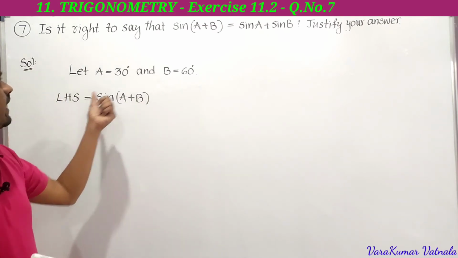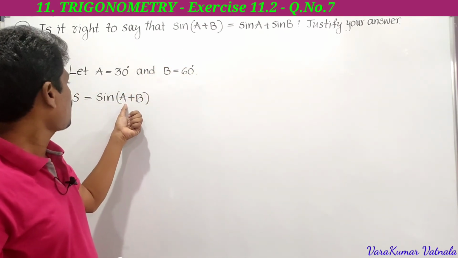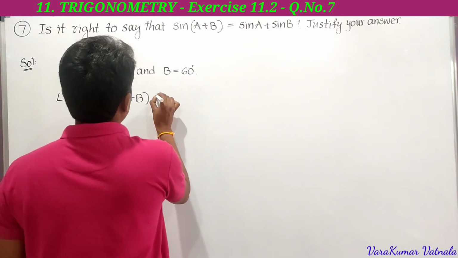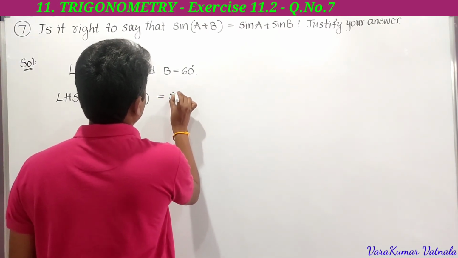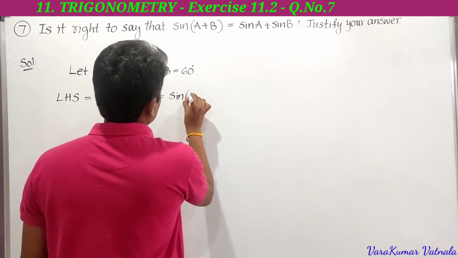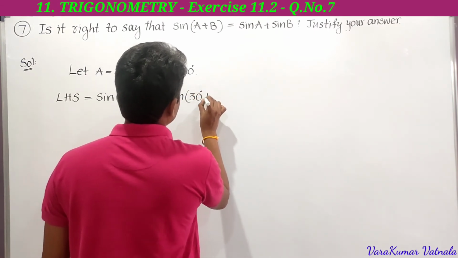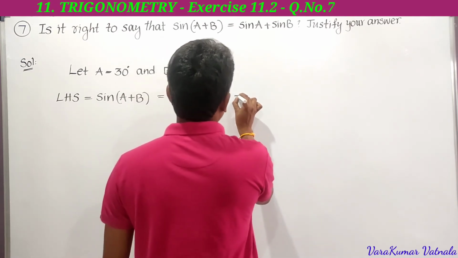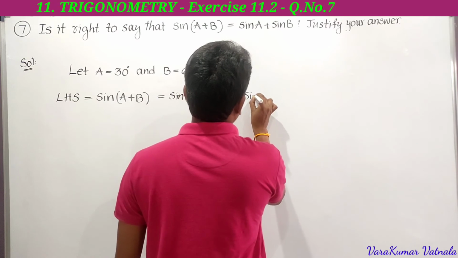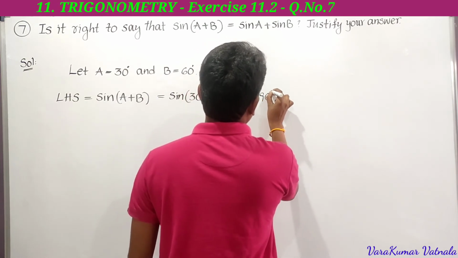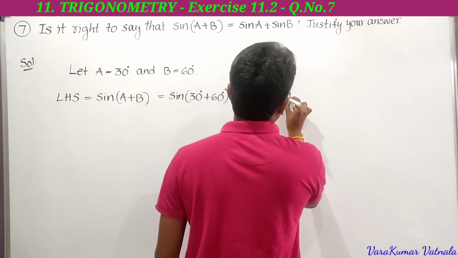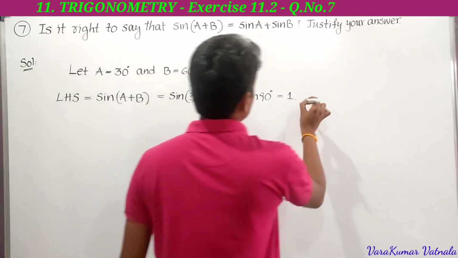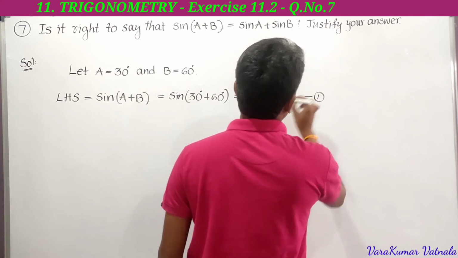LHS is sin of A plus B. Substituting A equal to 30 and B equal to 60, we get sin of 30 degrees plus 60 degrees, which is sin 90. Sin 90 degrees equals 1. So this is the LHS value. Let it be equation number 1.